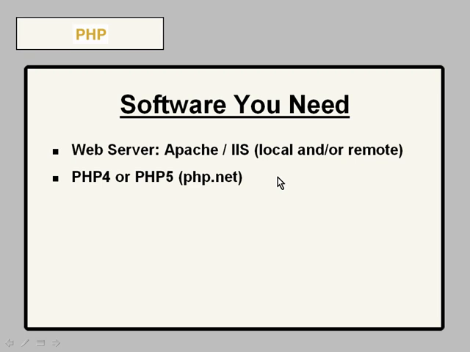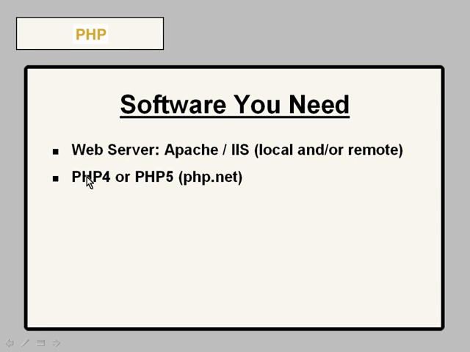Now, you will need PHP, PHP 4 or PHP 5. The samples that you have here cover PHP 4 and PHP 5. There are differences between the two, but they're very compatible, meaning that PHP is very backwards compatible up to a certain degree, of course. It's not going to go way back to PHP 3, but you get the idea.